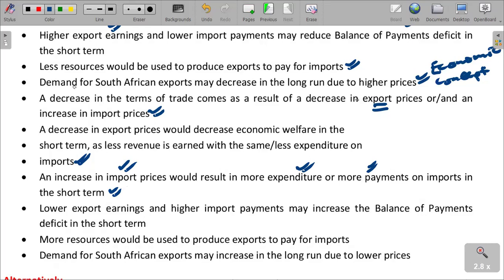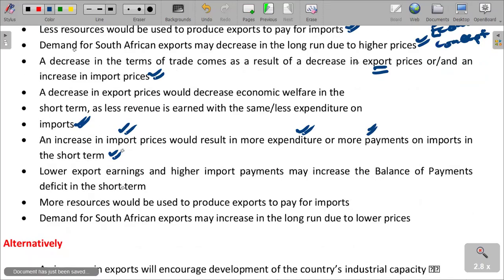Because there is a tendency of failure of businesses to sustain expensive imports. They would otherwise have to withdraw from importing those products. So lower export earnings and higher import payments may increase the balance of payments deficit in the short term.